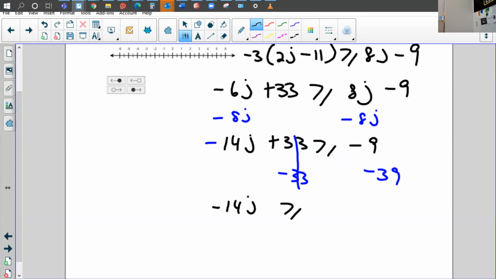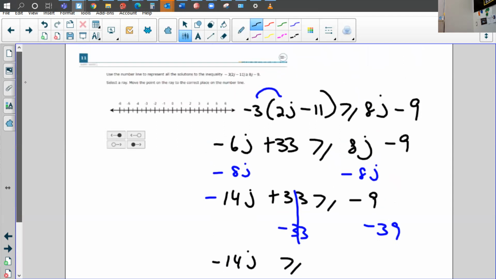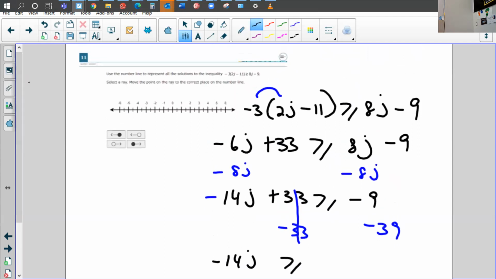Minus 9. Let's see. Minus 8, minus 6. Yeah, that's right. Minus 8 on both sides gives me 14, and then plus 33 minus 33 on both sides.